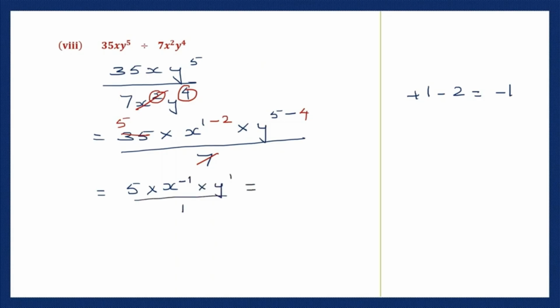So here what do we have? 5. Now x is to the power of minus 1, so it should go to the denominator. Okay, so let's put x in the denominator and y to the power of 1 is simply y. So here we have 5y by x. So what is our answer? 5y by x. So this is our final answer, 5y by x.